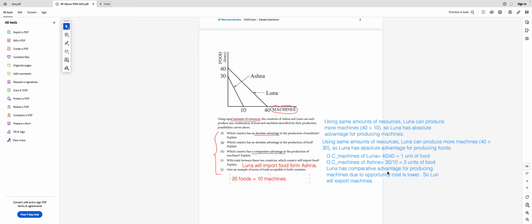If China wants to produce 10 machines by themselves, they need to give up 30 food. But with this terms of trade, they only sacrifice 20 units of food to get 10 machines. So this is also better for China. So my final answer is 20 foods equal 10 machines, a terms of trade mutually acceptable by both countries.